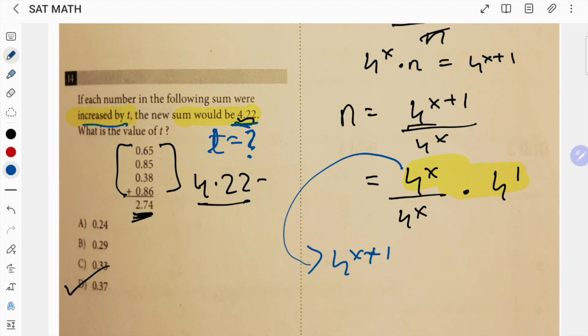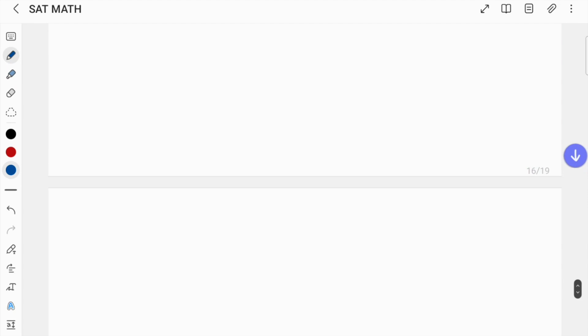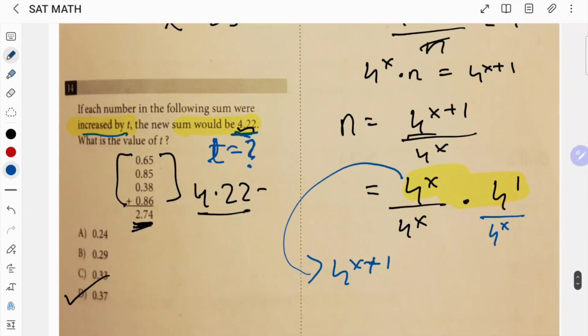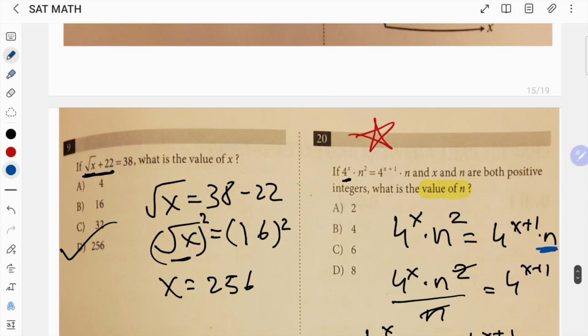Normally students would make the mistake of dividing by 4 to the power x, but no, here it's not addition, it's the addition of powers, so we do not divide over there. Alright, so we get 1 into 4 to the power 1, which gives 4. So the correct answer will be option B, 4.